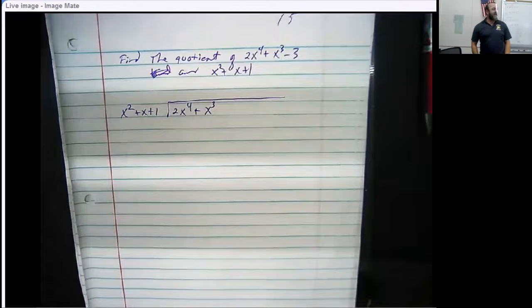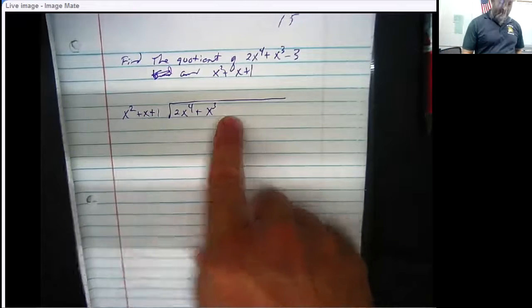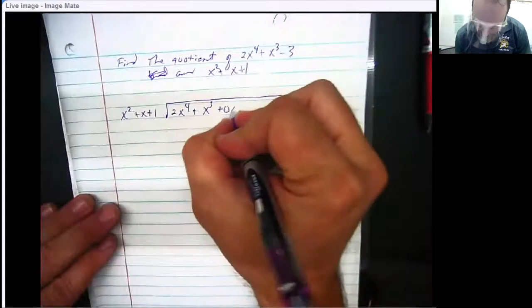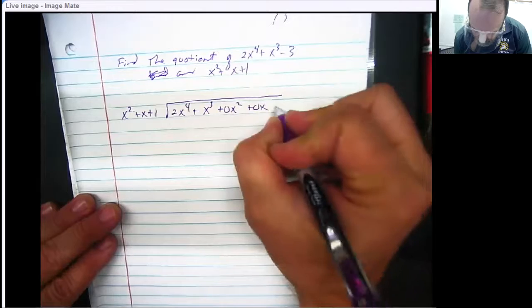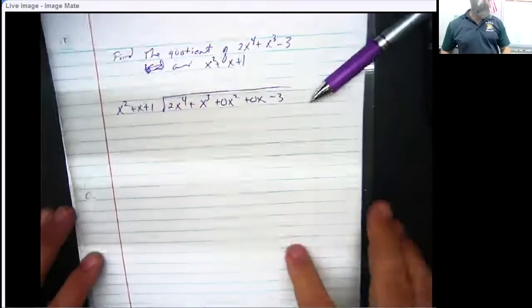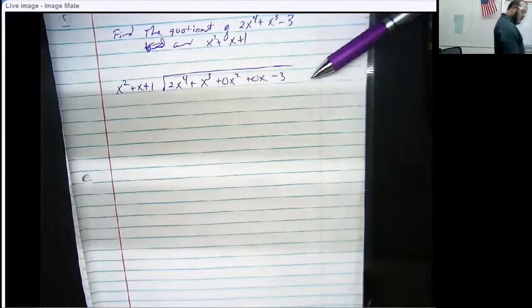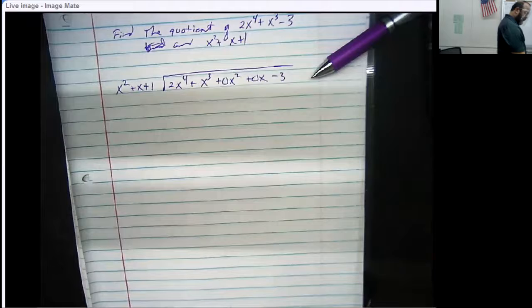Oh yeah, it's all there. I just started it. How many x squareds are there? There aren't any. And then there aren't any x's, and then there's the minus 3 at the end. So you want all of that. Those little values at the end are kind of significant.